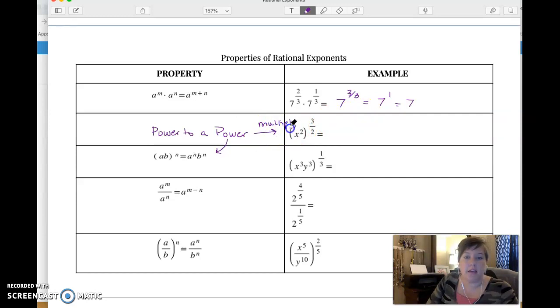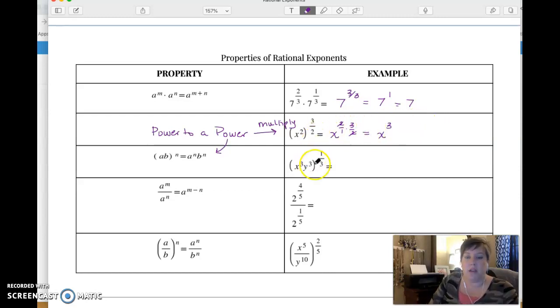It doesn't matter what the base is, I would take the two exponents and multiply them together. So 2 over 1 times 3 over 2. This one's nice because those are going to cancel, and I'm going to be left with x to the third.